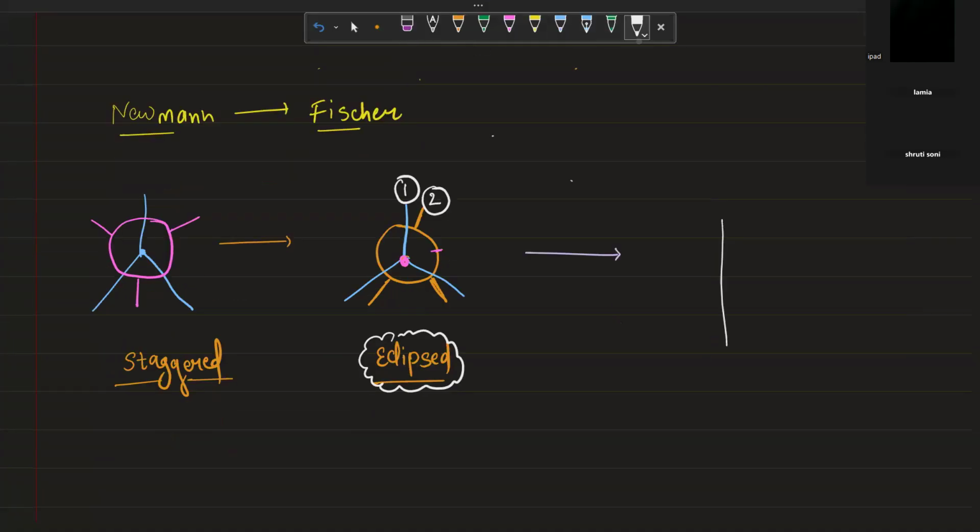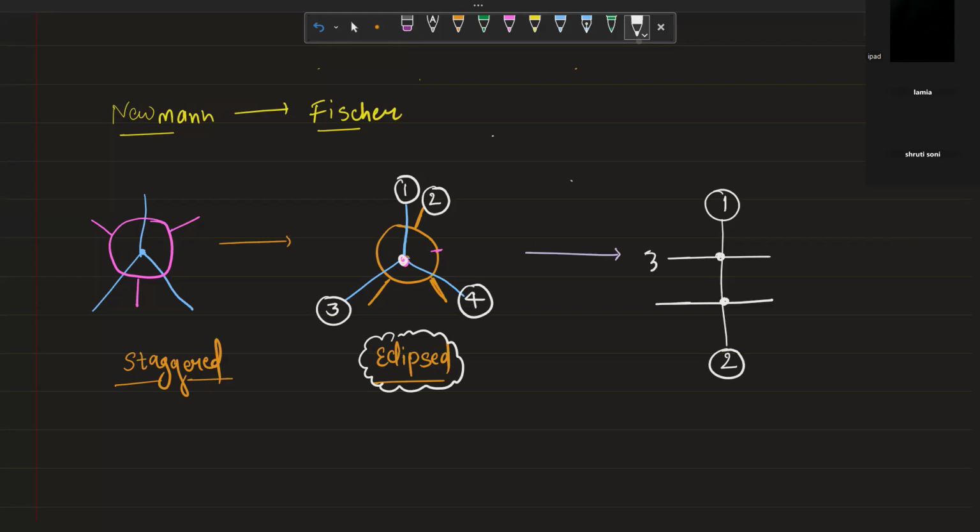A Fisher structure, which is having two carbons, one and two. The first part always comes on top. The second part always comes here. Then I'll attach the third and fourth numbers to the same carbon which is having the first group.